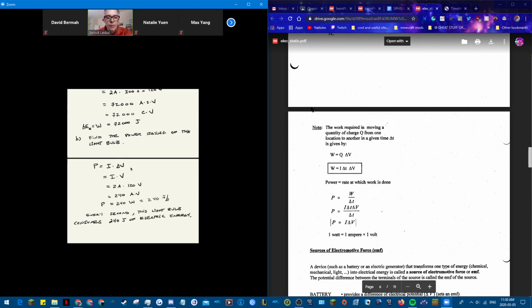Or every second, this light bulb generates 240 joules of light energy and thermal energy combined.